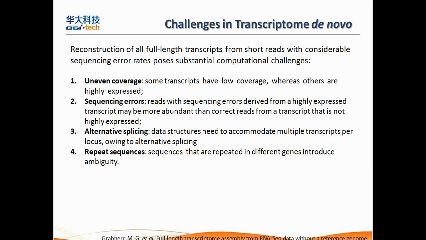Since most assembly methods are based on the de Bruijn graph, alternative splicing makes the graph really complicated, really hard for us to solve. And also the repeat sequences, which are equally difficult when using NGS technology to assemble the genome as well as the transcriptome.